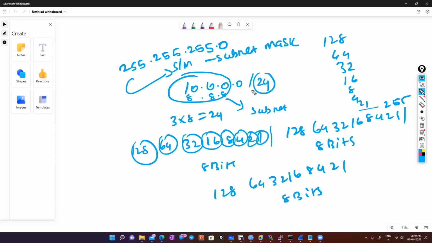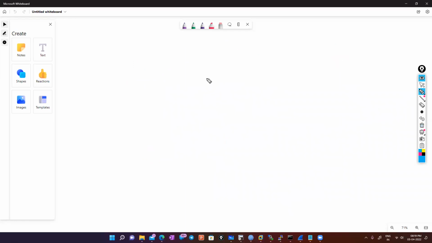Now let's find how to find the network address and broadcast address. Now you understood what the CIDR value is and all that. So now I'll find the network address and broadcast address. If somebody asks a very simple question, what is the network address and the broadcast address? The first 3 octets I'm not going to change, because these are network bits and the last are host bits.